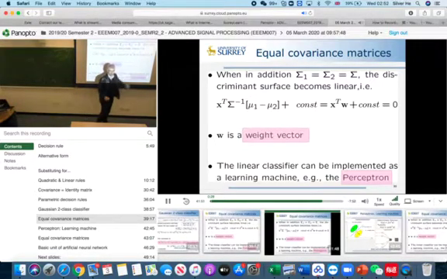You test it on one of your points where you know the answer. If the machine gives the right answer, you leave it as it is. But if it gives the wrong answer, if the output is too small, you add a bit to W, and if the output is too big, you subtract a bit from W. Then you carry on, and eventually it will find the right answer.